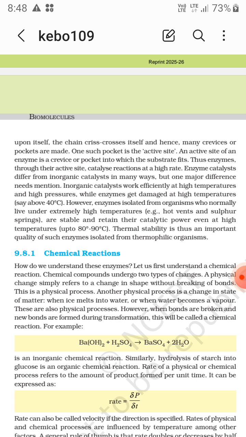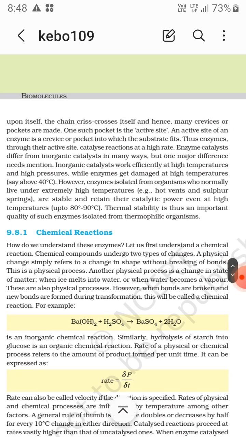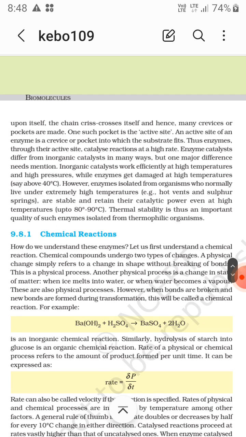However, enzymes isolated from organisms who normally live under extremely high temperatures, that is, hot vents and sulfur springs, are stable, and they retain their catalytic power even at high temperatures, up to 80 to 90 degrees Celsius. Thermostability is thus an important quality of enzymes isolated from thermophilic organisms.